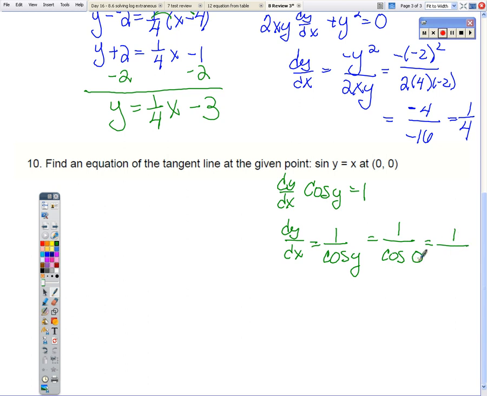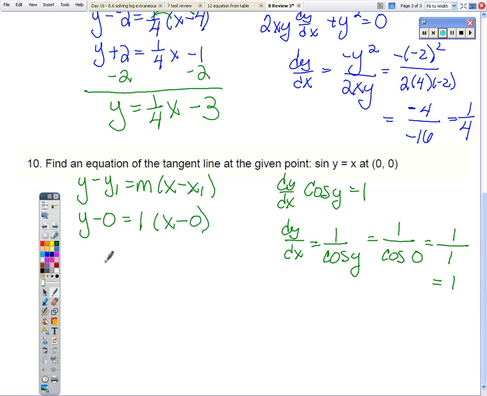Cosine of 0, thinking of our unit circle, is 1. So our slope is 1. So using point-slope form again, y minus 0 equals 1 times x minus 0. So the equation of the tangent line is y equals x.